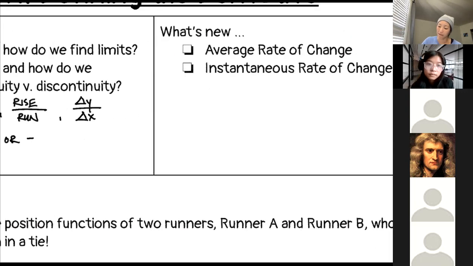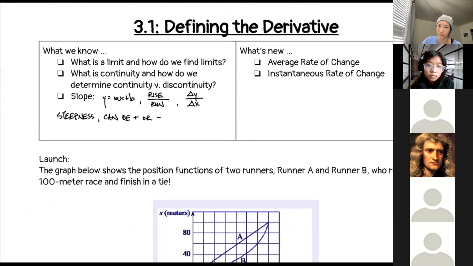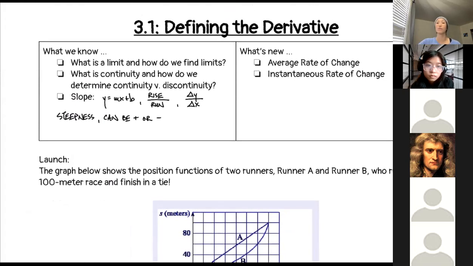Okay. But in 3.1 today, specifically, we're going to focus on two new concepts, okay? One called the average rate of change and one called the instantaneous rate of change. All right, so we've got an average rate of change and we've got an instantaneous rate of change.